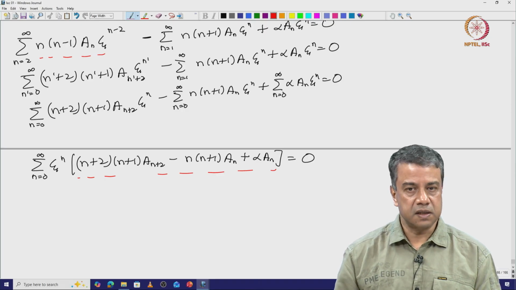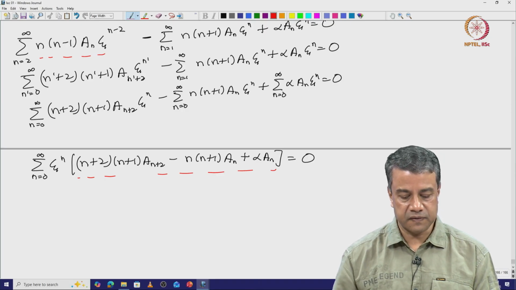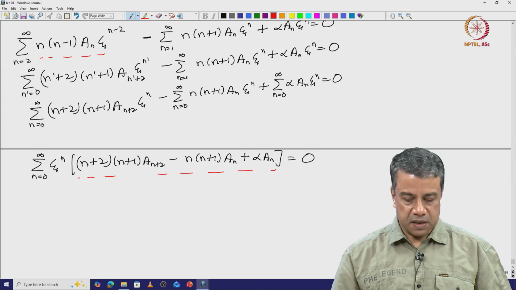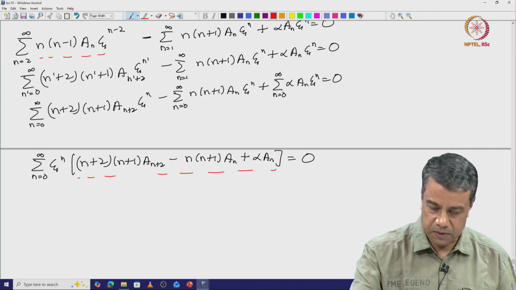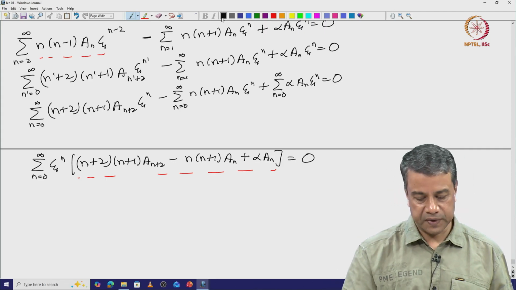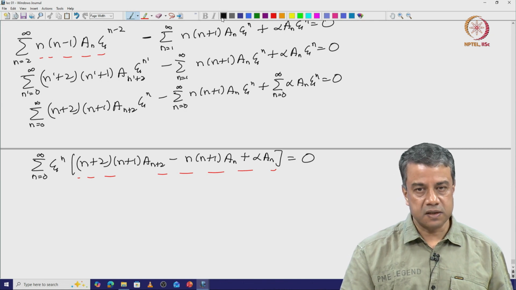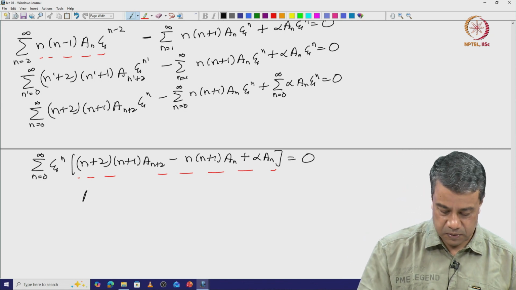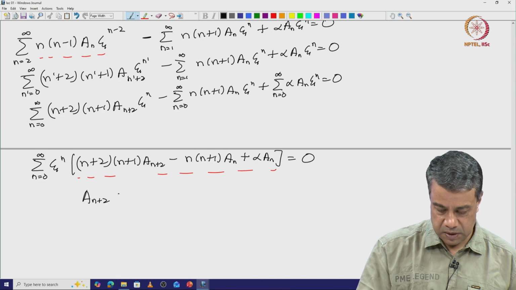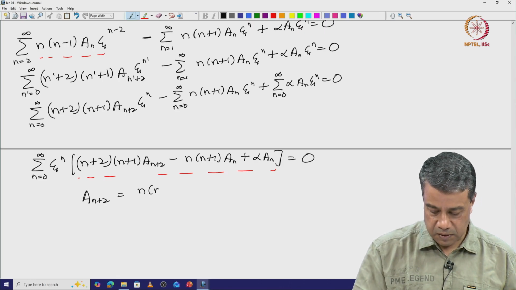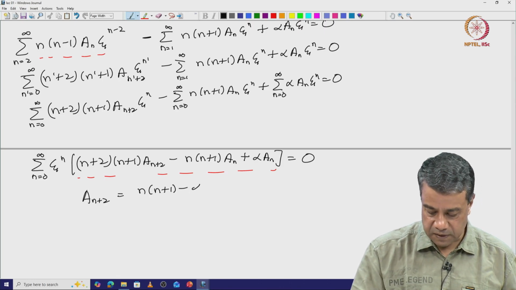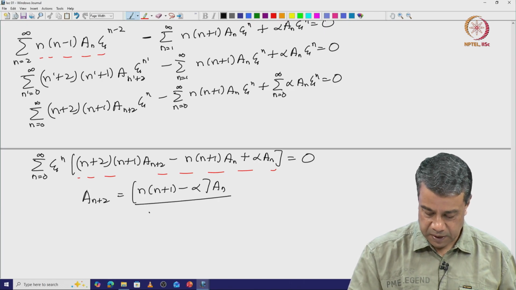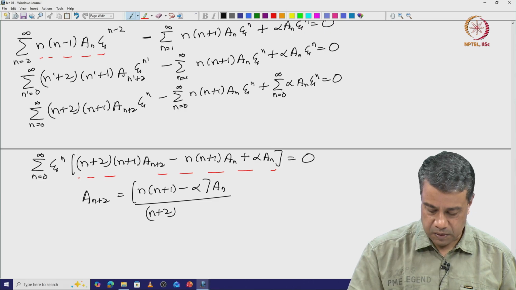So, if this result has to be true for any value of psi, that means that this underlined term in bracket has to be equal to 0 for each value of psi. This gives us a solution for a n plus 2 equal to n into n plus 1 minus alpha into a n by n plus 2 into n plus 1.